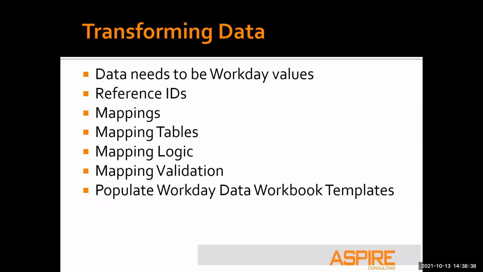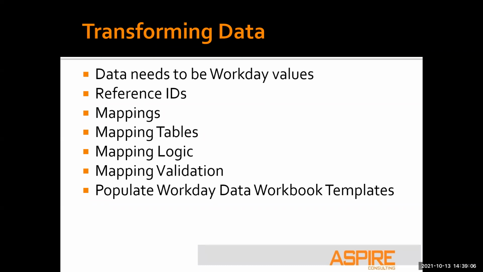You could have a locality code in PeopleSoft. In fact, I think I'll use this as an example. You may have a PeopleSoft locality, which is for local taxes. It's a code. But in Workday, there is no locality, right? There is a tax authority code, and that is not going to be a one-to-one.